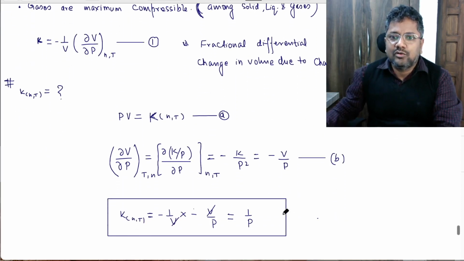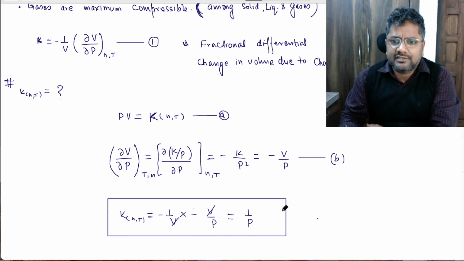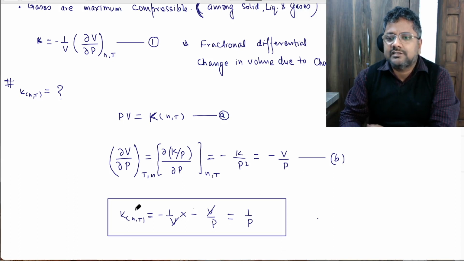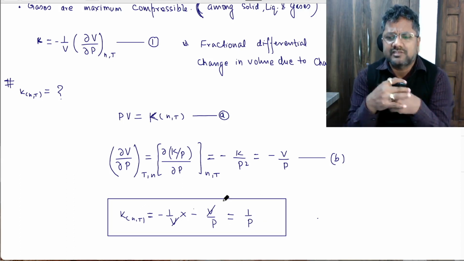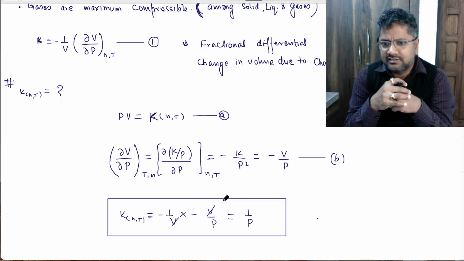So the more you apply the pressure, if this pressure is more, right, the isothermal compressibility is less. This is the reciprocal to the pressure. So sometimes this type of questions, say mathematical questions, may be asked, right?